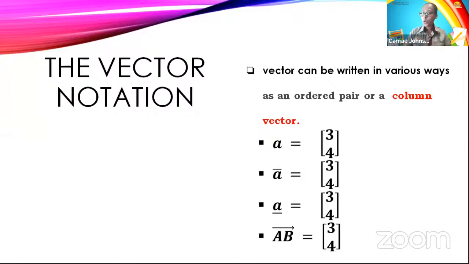The third one, that little line is not above A, but below or beneath A. My column vector does not change. But then when I look at the fourth one, I'm seeing a capital A, a capital B, and an arrow above my AB. Can you shed some light on this, Mrs. Edwards?